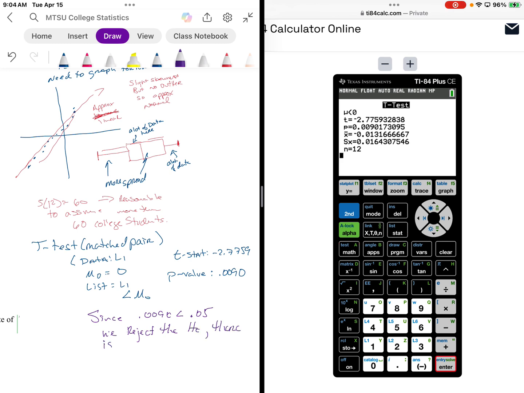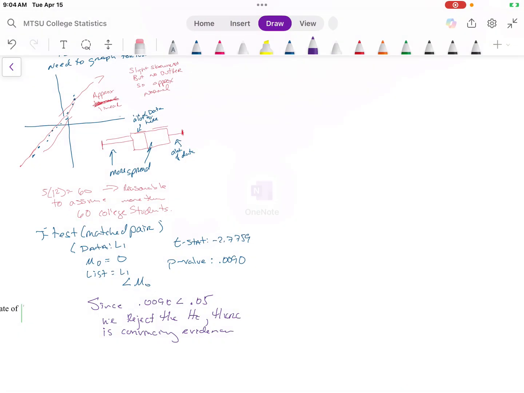There is convincing evidence. I'm going to get rid of the calculator so I can put that on the screen more.